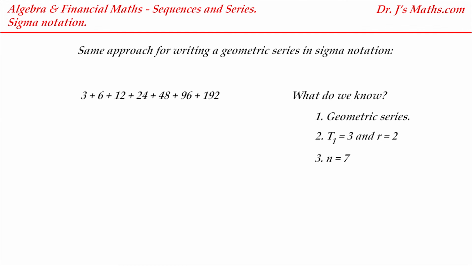So we write our general term for a geometric series as Tn equals the first term 3 times the common ratio 2 raised to the power n minus 1. So if we put that into sigma notation to reflect that we have to add them up, we say sigma from k equals 1 to 7 of 3, which was the first term, times the common ratio raised to the k minus 1.